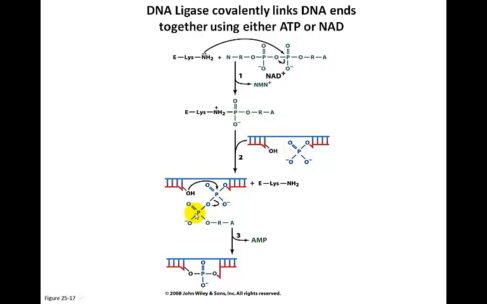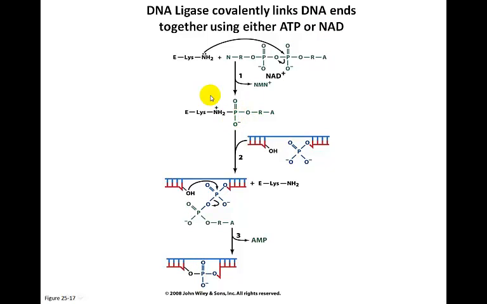Here's the phosphate, here's the O, here's the AMP, here was the phosphate that was on the 5' end of the DNA, and now this complex makes this phosphate much more positive, and the oxygen from the 3' end attacks that phosphate. AMP leaves, and now we've ligated together the two strands. So we've used ATP or NAD+.